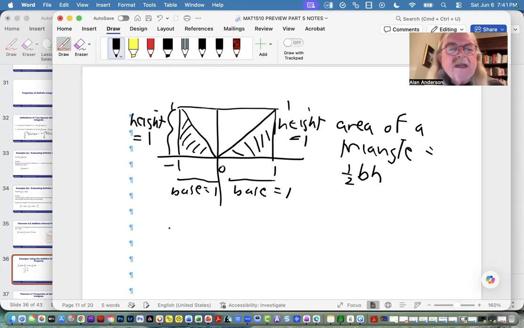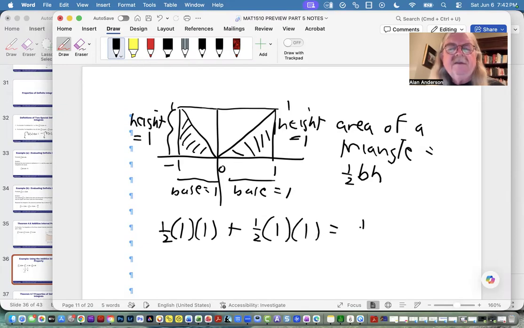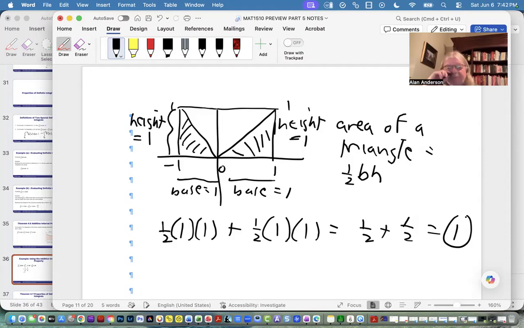So for each one, we have a triangle with an area of 1/2 times 1 times 1, a half plus a half, which is 1. So in this case, we were able to do it with geometry because it's a very simple function. With most cases, of course, you've got to use integration. Otherwise, you'd be here all day.